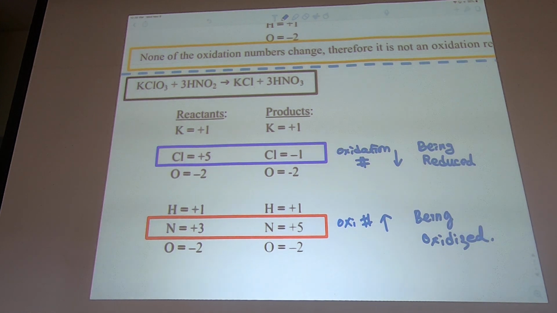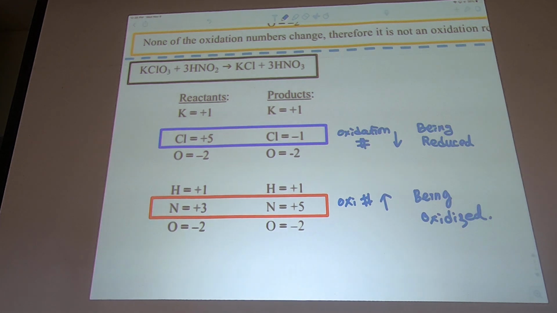Therefore, the agent itself has to be reduced. This is just the terminology that you have to get an understanding of. So being oxidized means this is a reducing agent. Being reduced means oxidizing agent.